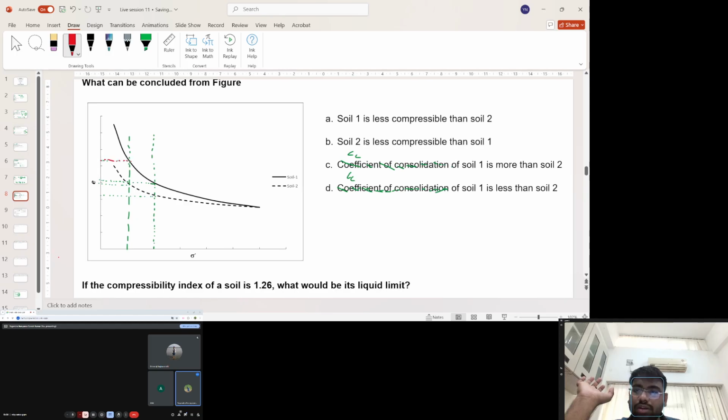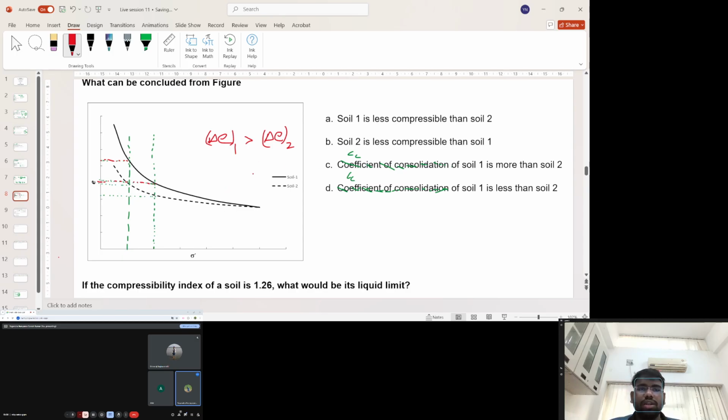Let me draw in a different color. So for the same increment of stresses, what happens to soil 1? Delta e is more. Delta e of 1 is greater than delta e of 2, right? Yes, sir.